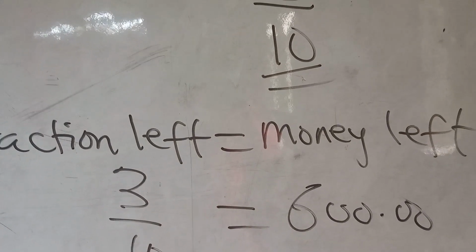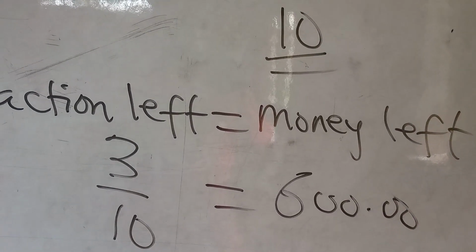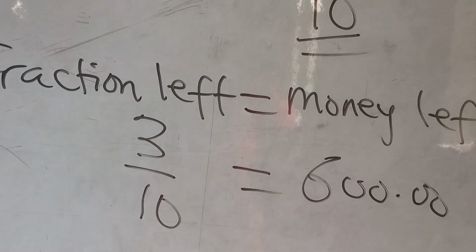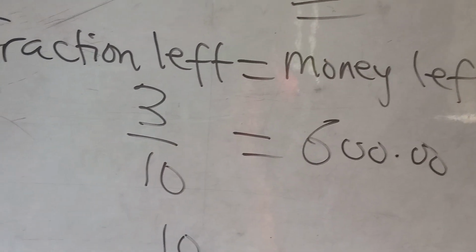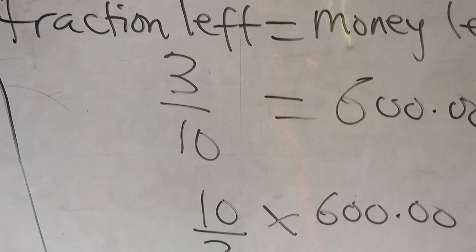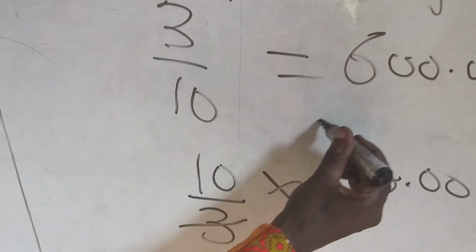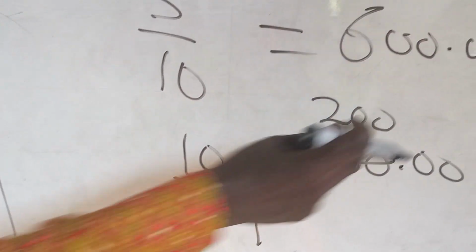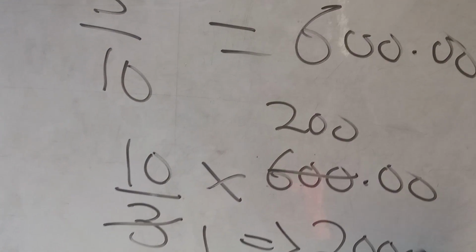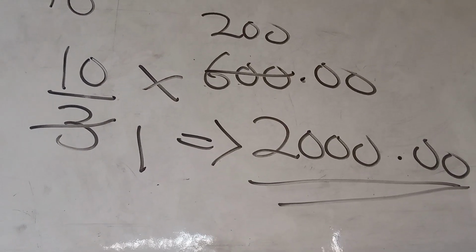For us to get the salary, you turn this one upside down. So it's 10 over 3 times this 600. 3 goes here 1, 3 goes here 200. And 200 times 10, we get 2,000 cedis. This is Emina's total salary.